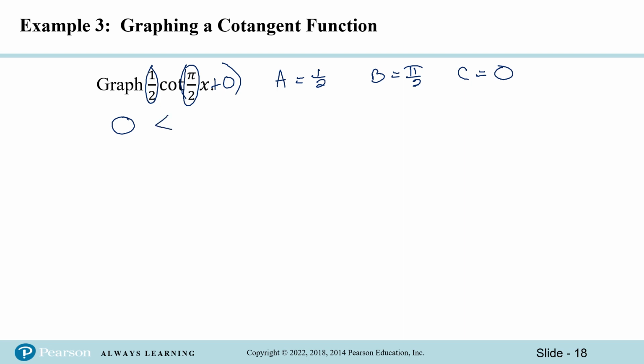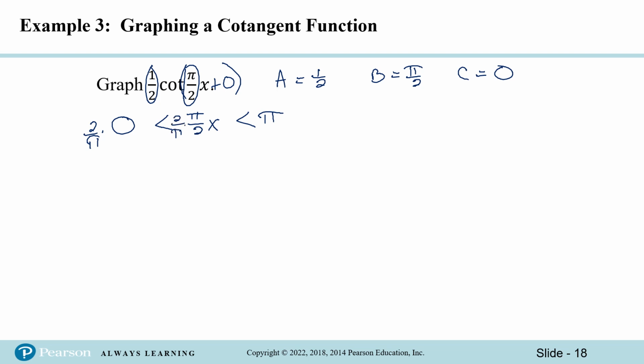Okay, so 0 is less than bx minus c. So pi over 2x plus 0. Multiply both sides by 2 over pi.